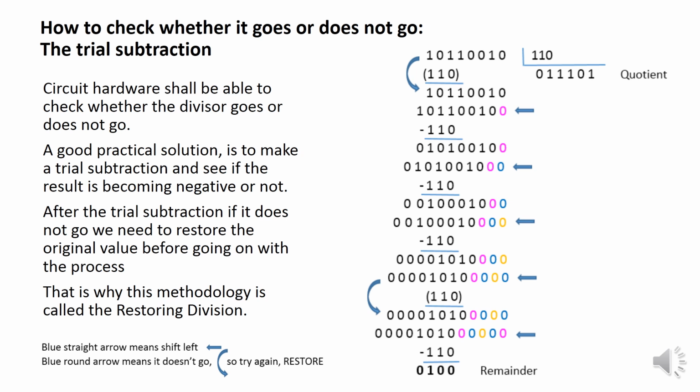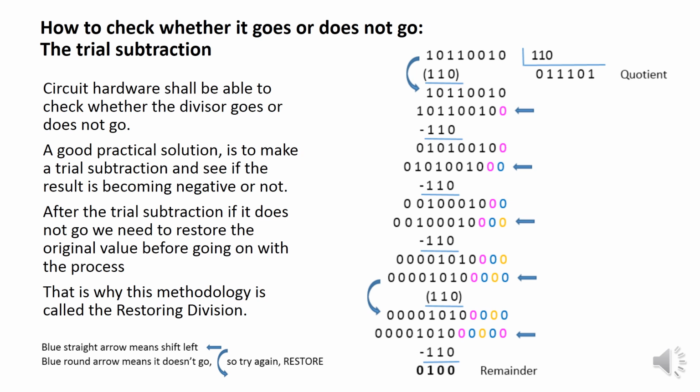So this is the property that is used. If after a subtraction the sign bit is negative, it means the divisor does not go. The only problem is that in this case, as we have already made the subtraction, we will have to add the divisor back again to restore the situation. That is, we have to restore the original value before going on with the process.